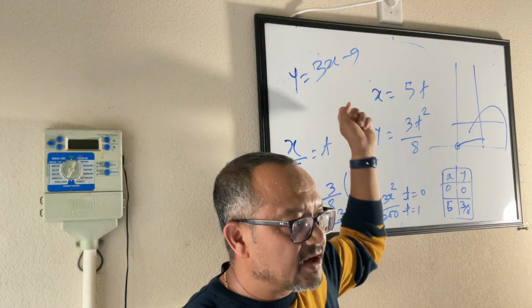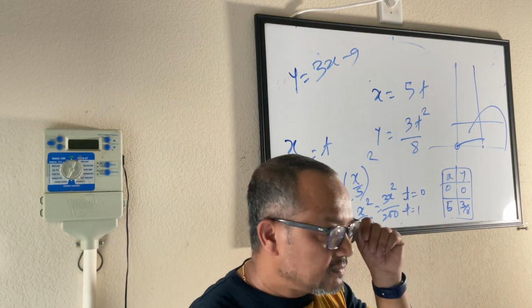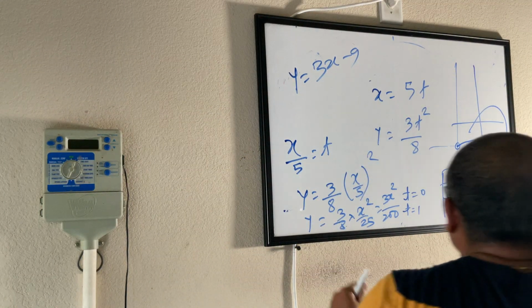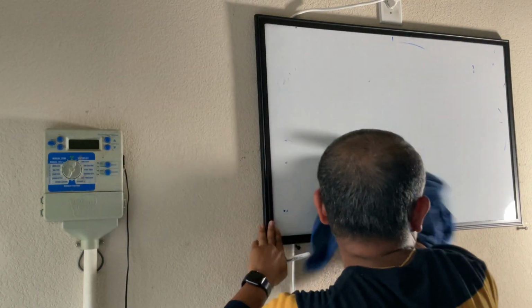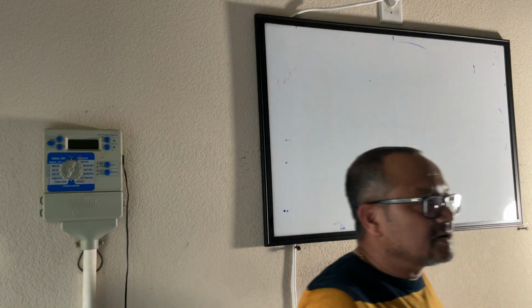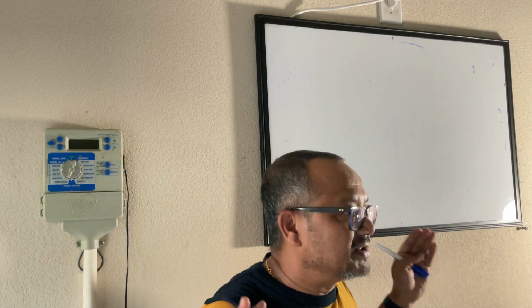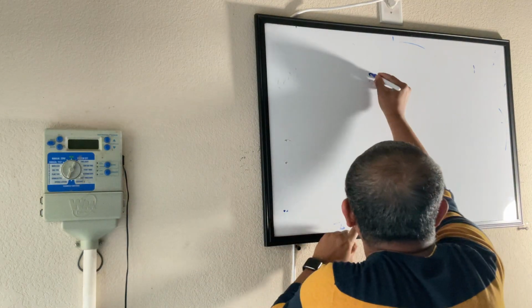So that's why, if you ever look at any parametric equation, there is a term called bounded. These parametric equations are always bounded.